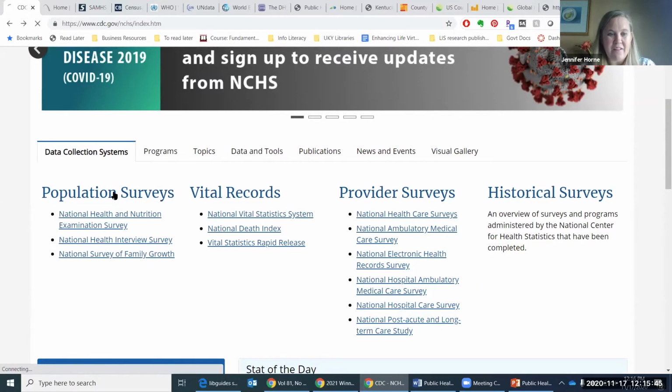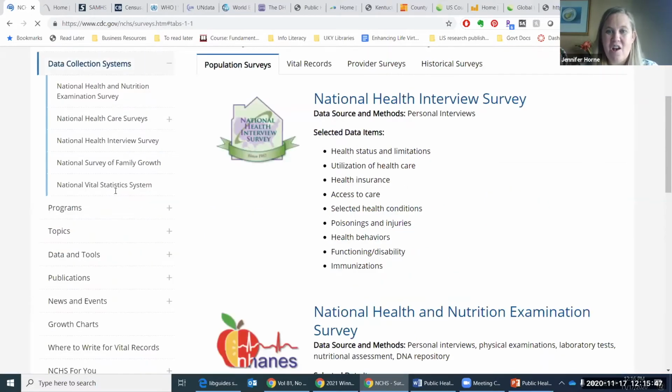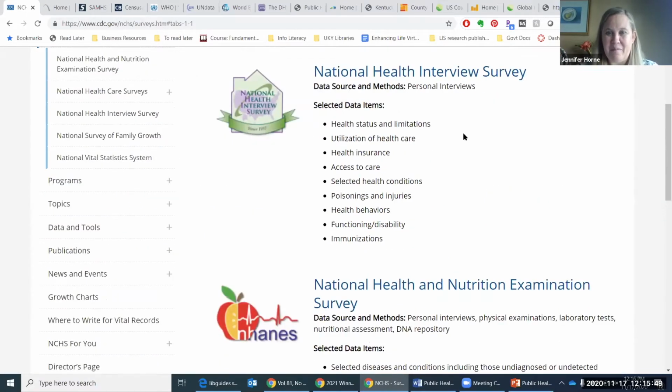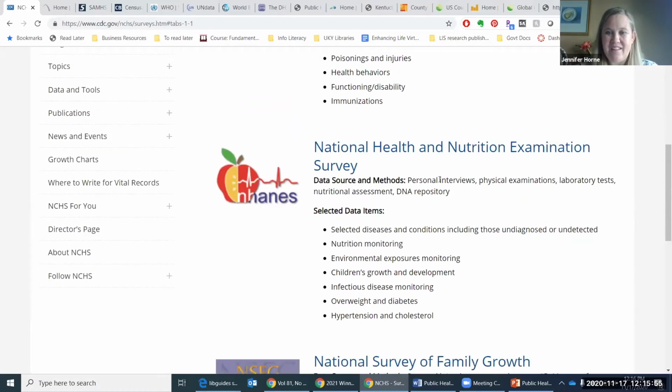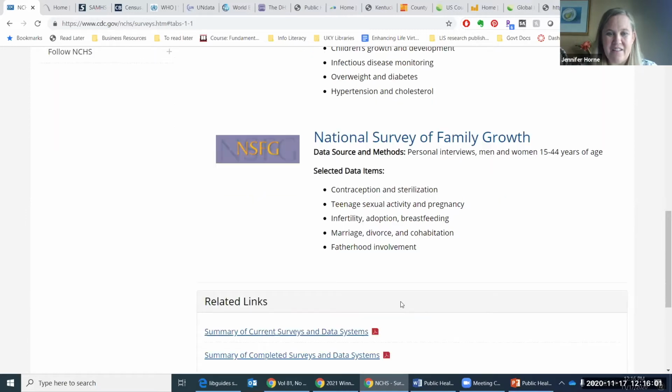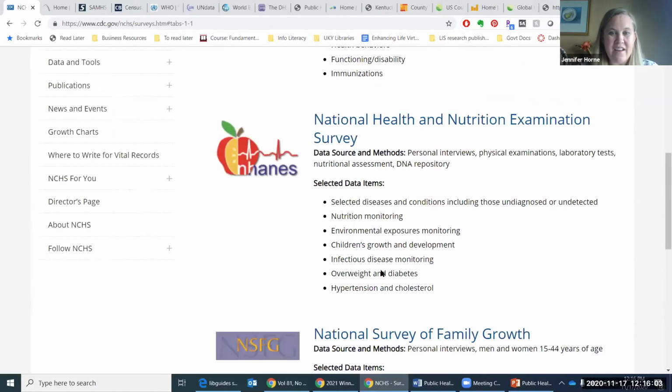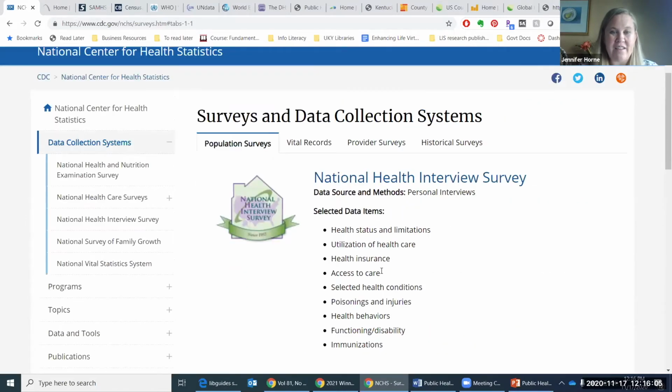If you were to click on population surveys, you'd get more information on what they're doing in them. I talked about this National Health and Nutrition Examination Survey, and they're doing personal interviews and physical examinations, and this is what they're trying to find out. So you can really get in here to see what the surveys are. It might spark some ideas about potential sources for data.